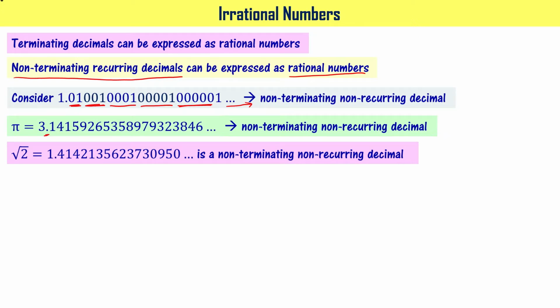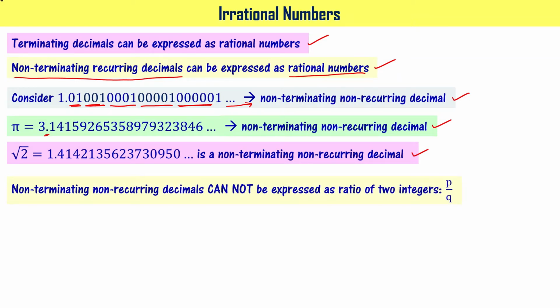For example, what we have seen is that rational numbers, when you express them in their decimal form, give terminating decimals or non-terminating but recurring decimals. But here the numbers we have seen are non-terminating and non-recurring decimals, right? These cannot be expressed as a ratio of two integers, p and q.